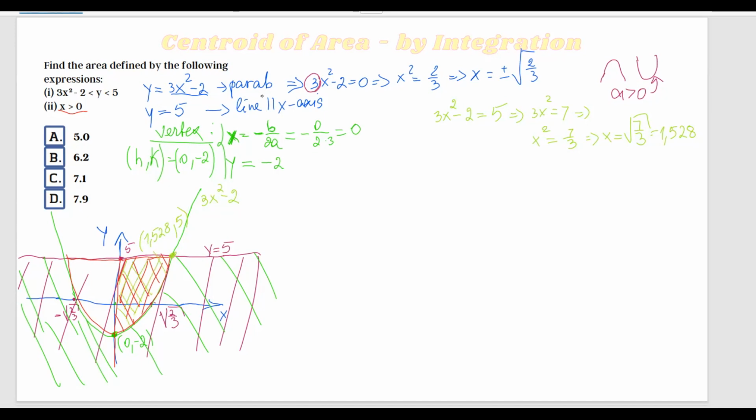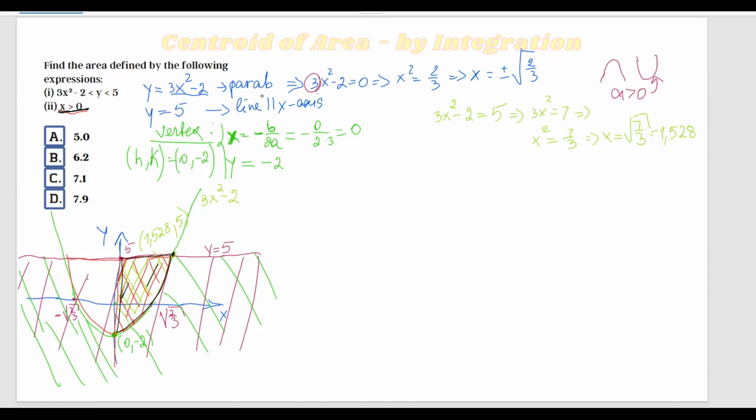In order to calculate this area, the problem is asking us to calculate over here. It's only the positive side because x is greater than 0. So we're going to take the area defined by the line, which is everything in red, in this purple, and subtract the area defined by the parabola from 0 to this point only.